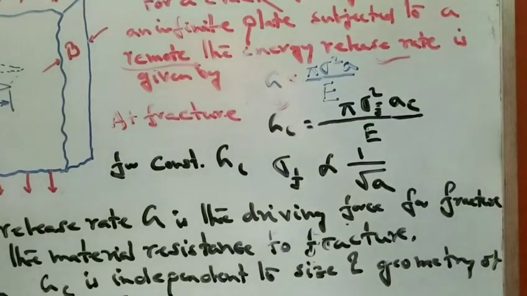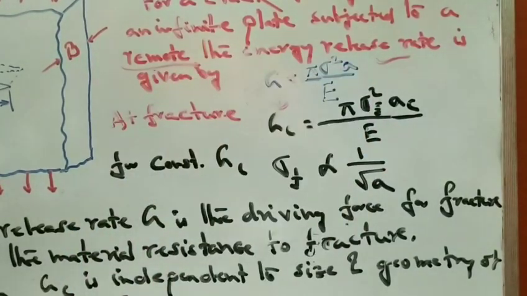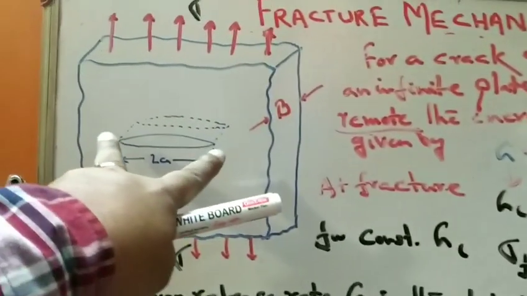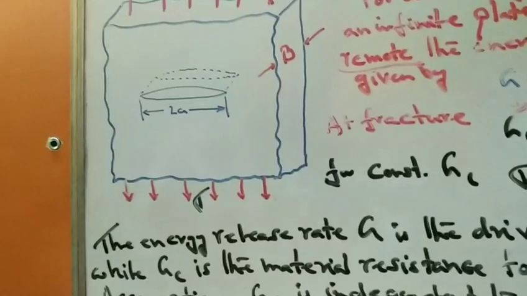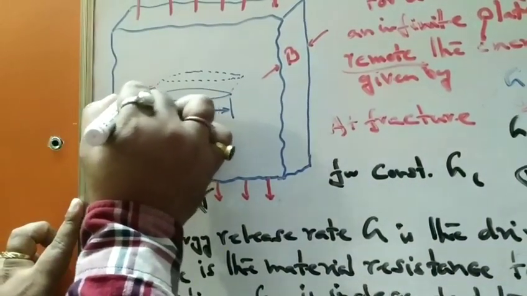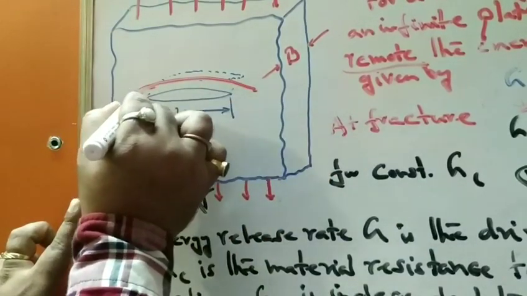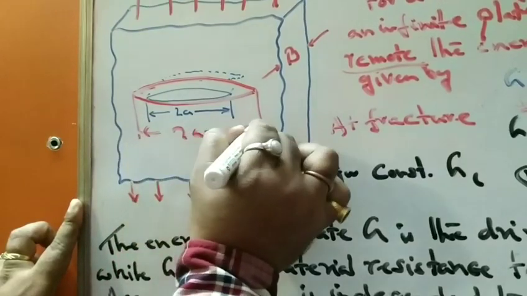When the crack length increases more and more from here and reaches the critical length, becoming twice AC, then fracture occurs.